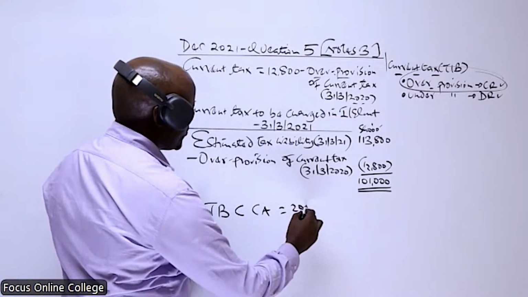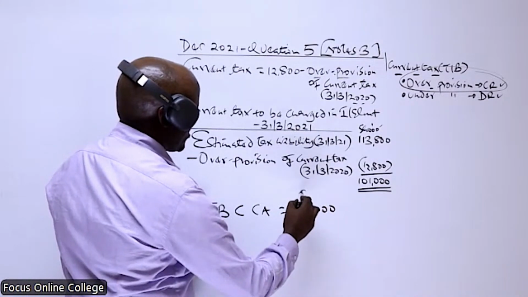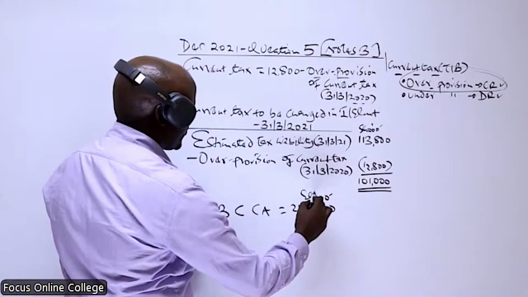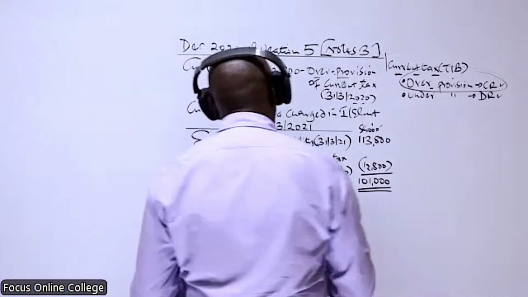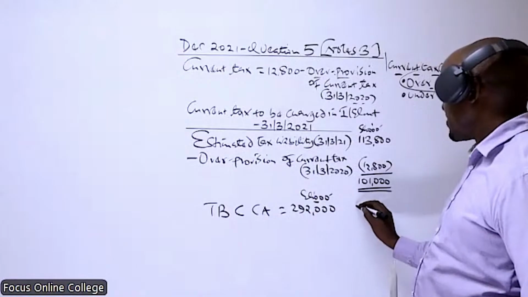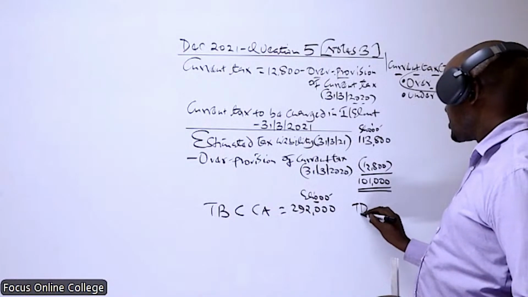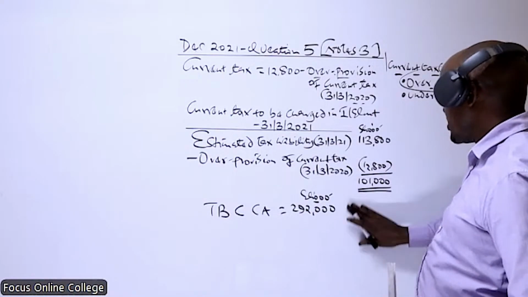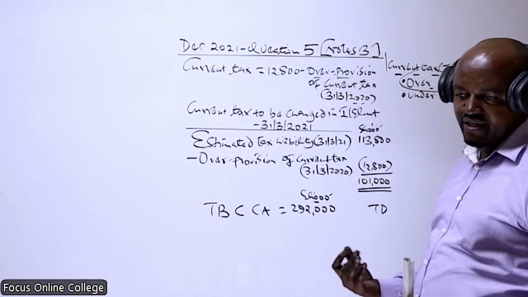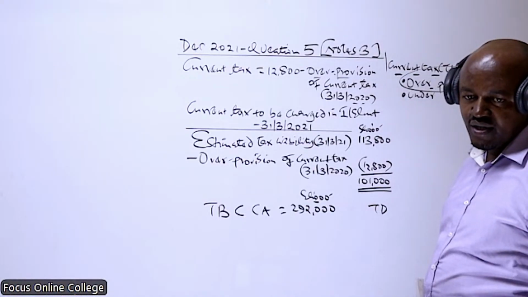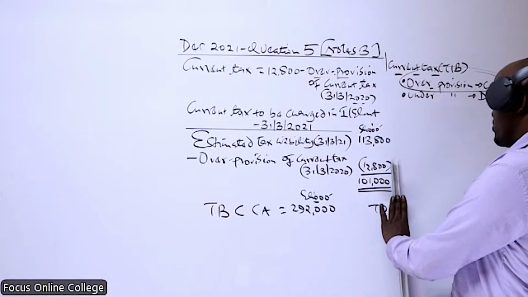Remember, we are working with all our figures in thousands of shillings. Automatically these are temporary differences. So what we need to do now is to determine whether this temporary difference is taxable or deductible.